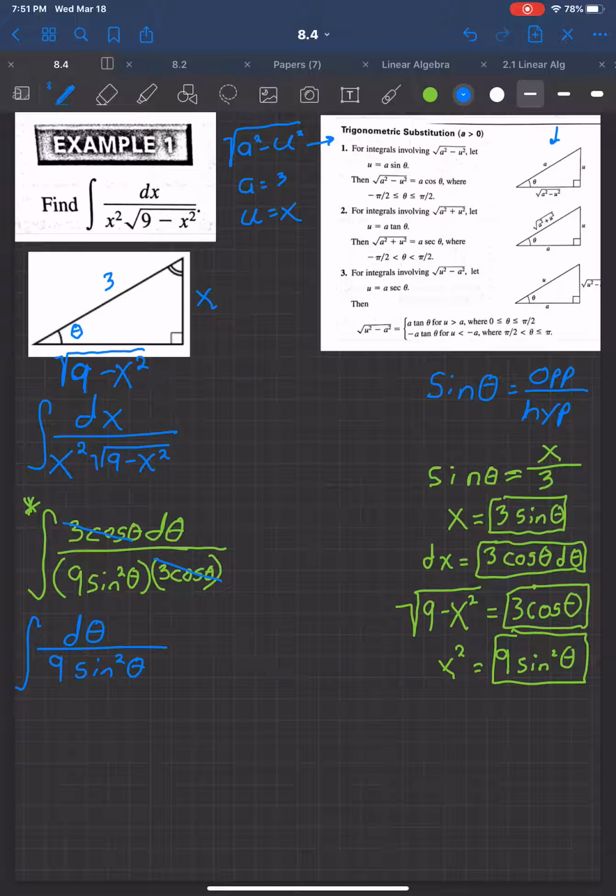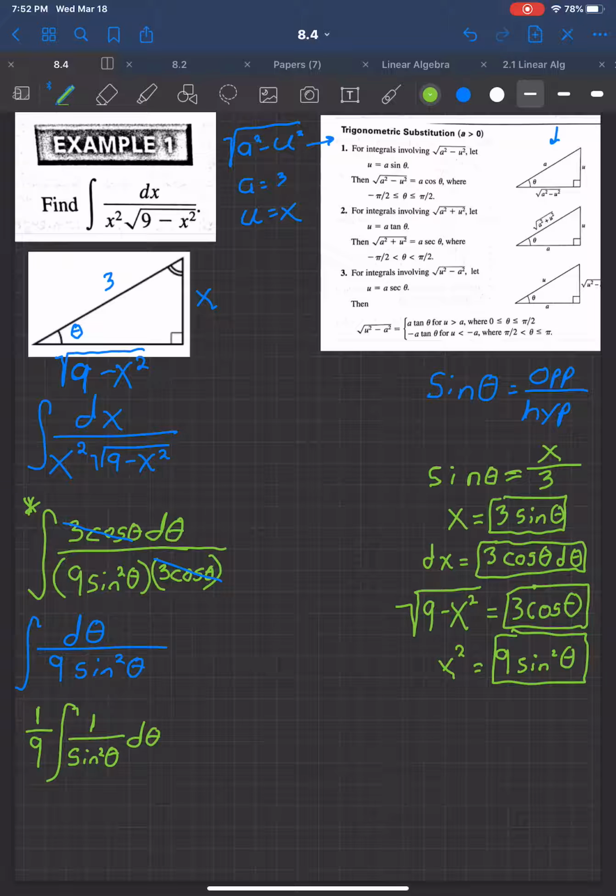Okay, and now let me do it, and then I'll tell you what I've done. To divide by 9 is to multiply by 1/9, so I'm going to bring this 1/9 out in front of the integral, just to clean it up. That would leave me with 1 over sine squared. And I like to have my d theta to the right of my integrand as opposed to in the numerator of that fraction. Not that it matters, it's just structurally I see it better this way.